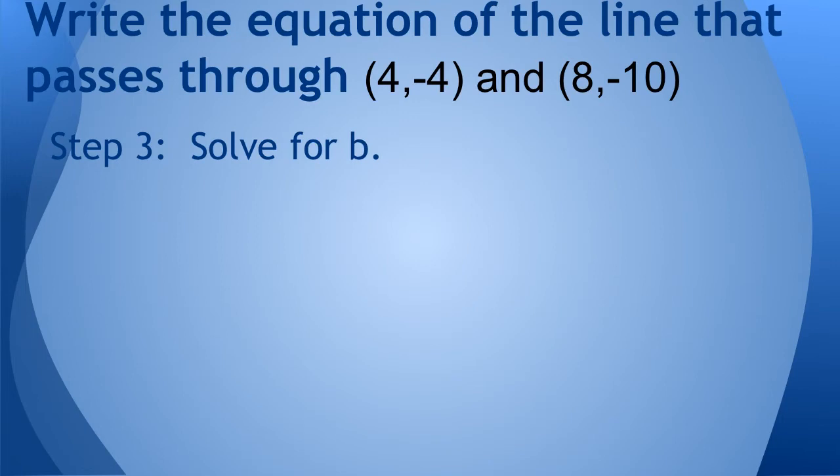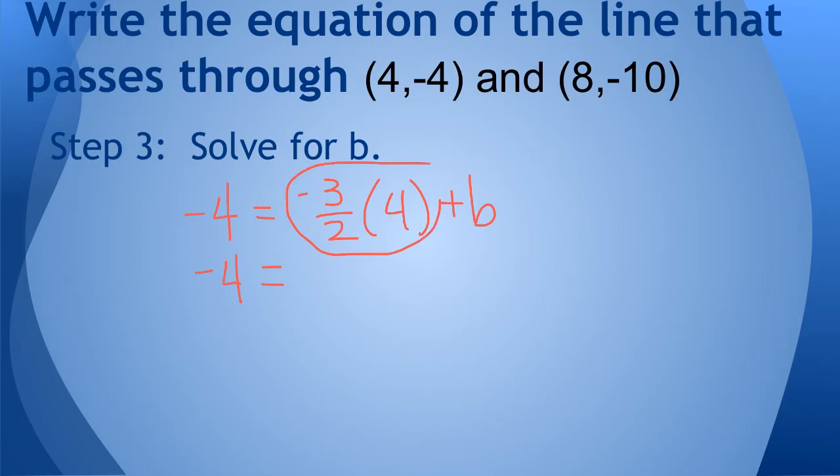All right, step 3 says we're going to solve for b. So on the last slide, I had this. This was my slope. This was my x value. If I were to simplify this and take -3/2 times 4, I would get -6. So all I did was multiply my slope times my x to simplify this a bit.